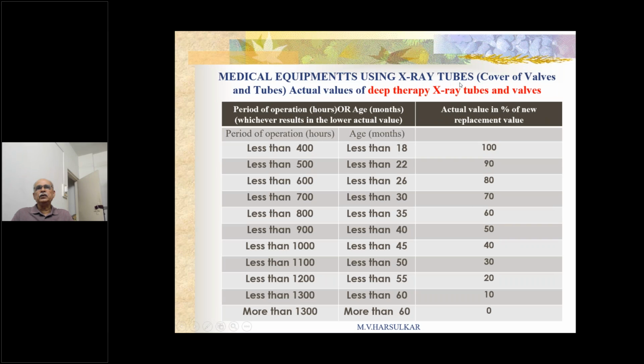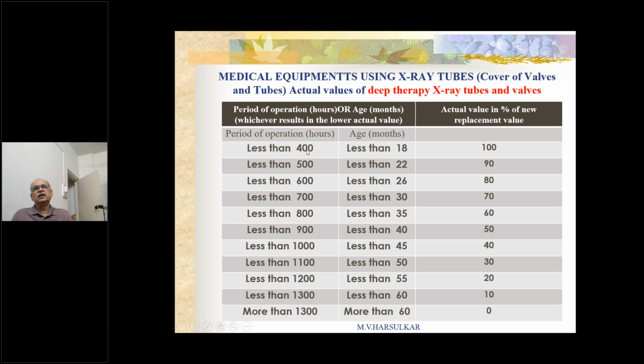And medical equipment using X-ray tubes, deep therapy equipment, deep therapy X-ray tubes and valves. So here the period of operation is given either in hours or age. 2 criteria are given. So anyone, whichever results in lower actual value.